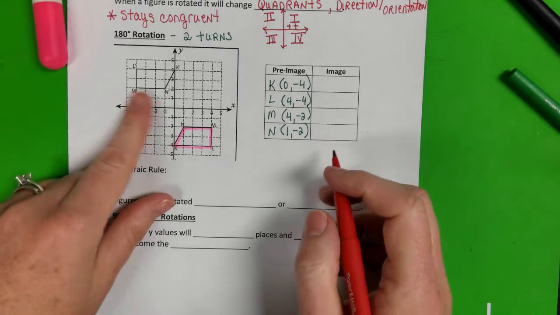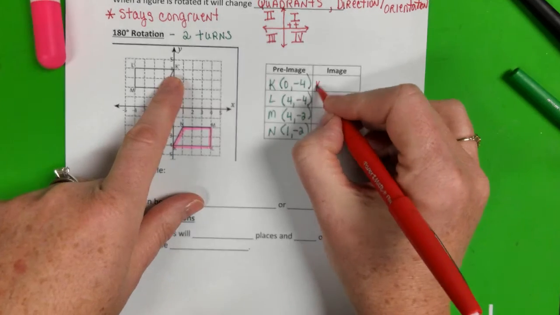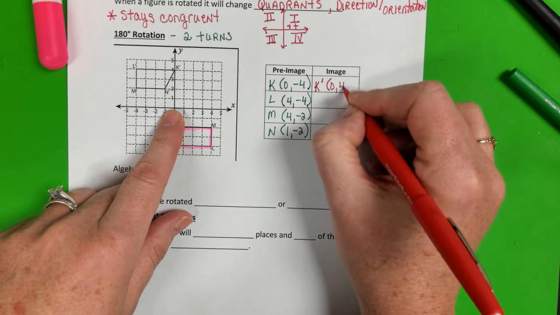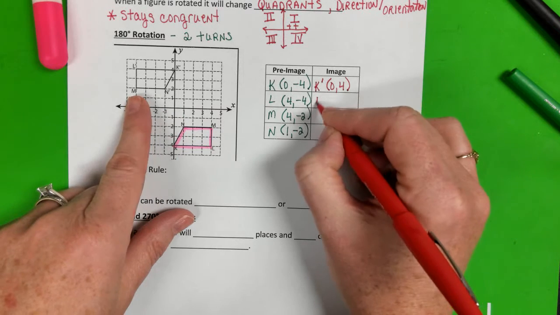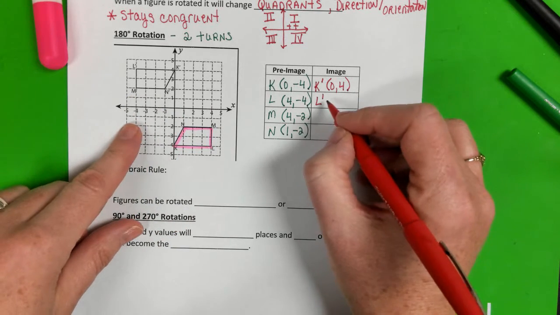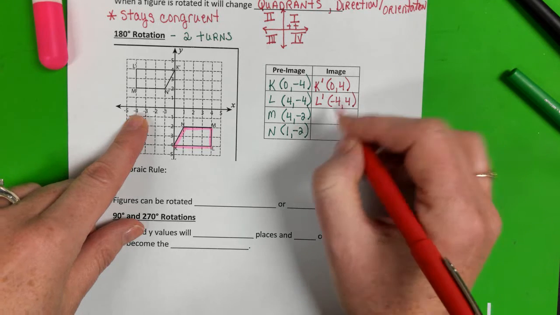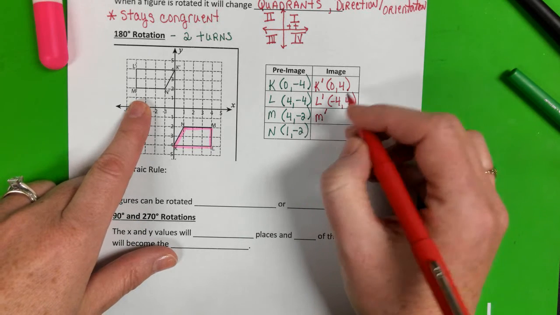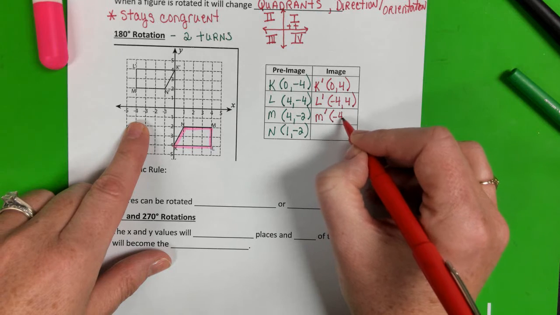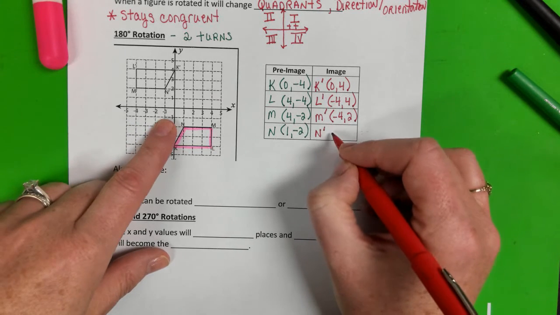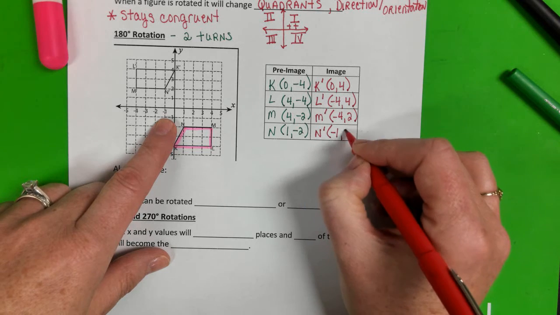Now let's look at our coordinates for our image. K prime is 0, 4. Point L prime is -4, 4. M prime is -4, 2. And N prime is -1, 2.